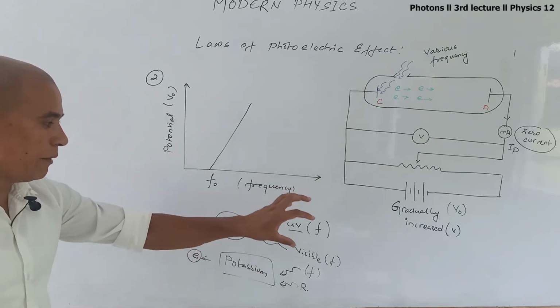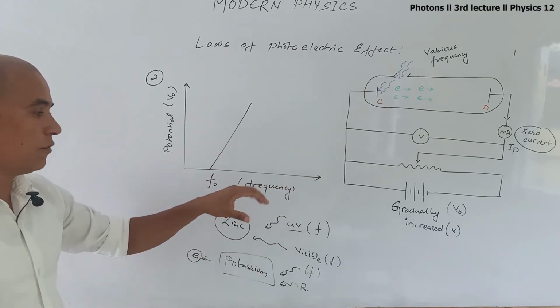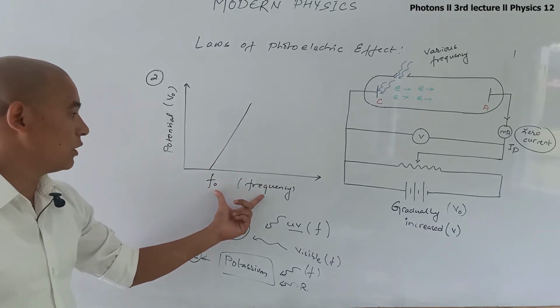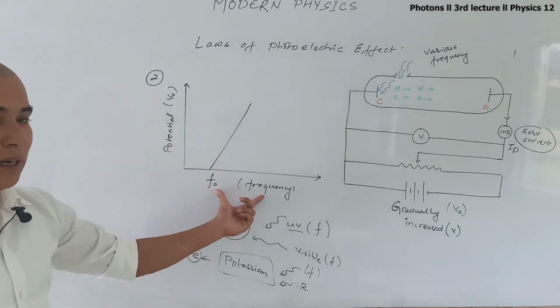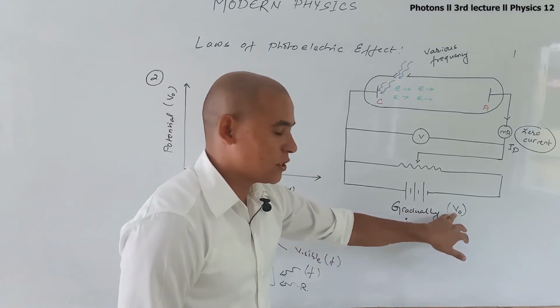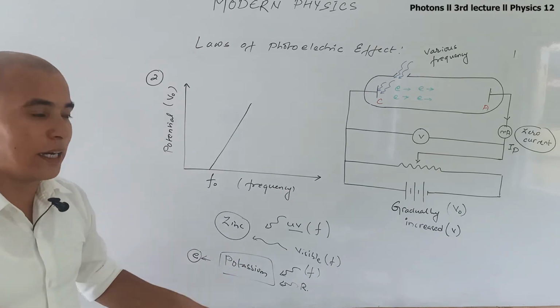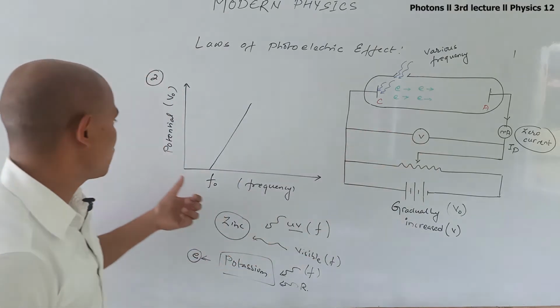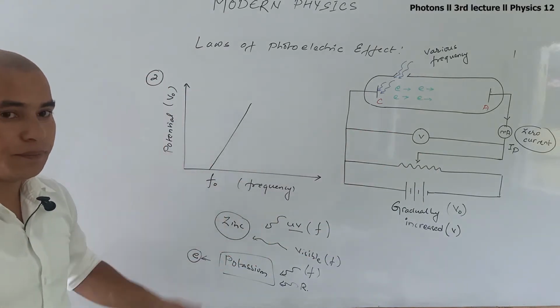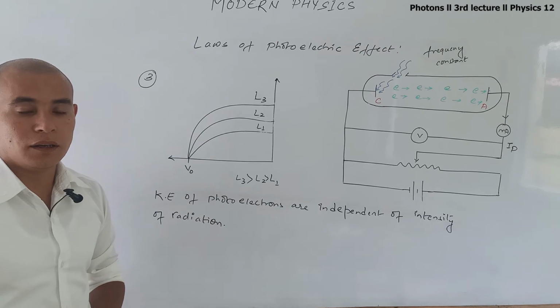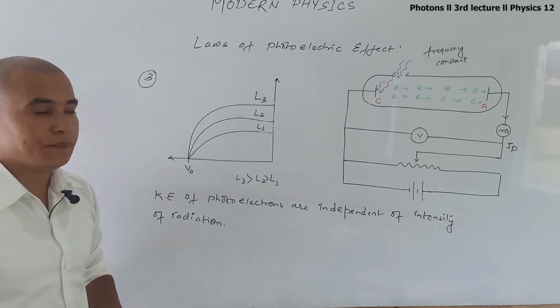So this minimum frequency required for the metal surface to emit electrons is known as the threshold frequency. And the potential at which the milliammeter measures zero current is known as the stopping potential, denoted by V0. So this is the third law of photoelectric effect.